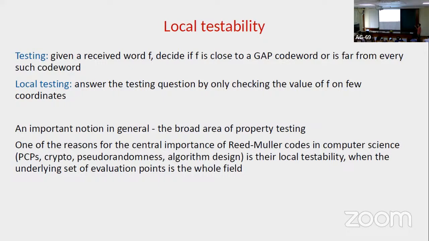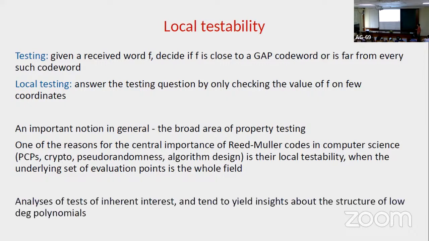But these local testability results for Reed-Solomon codes rely on the fact that the evaluation point is the entire field. So you evaluate the message, the polynomials, on F to the n, the entire field. And the analysis of many of these local testability algorithms is of inherent interest. They tend to yield new information about the structure of low-degree polynomials over a field.